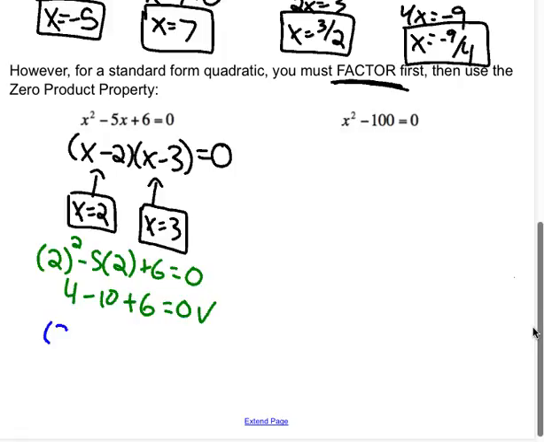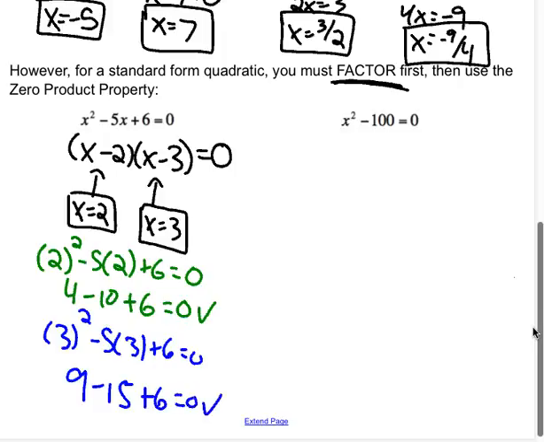What about the 3? 9 minus 15 plus 6, that does equal 0. The neat thing with any equation is you can go back and check: did the two answers I found actually solve what I started with? So don't ever be afraid to go back and check to make sure that what you've done has worked, okay?